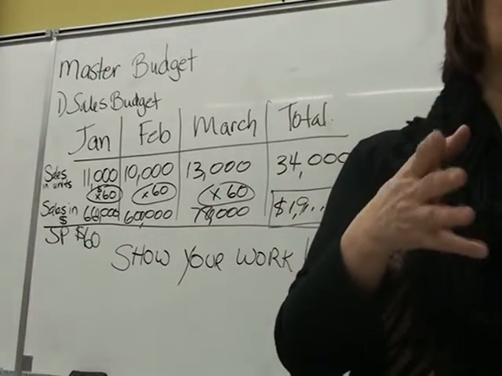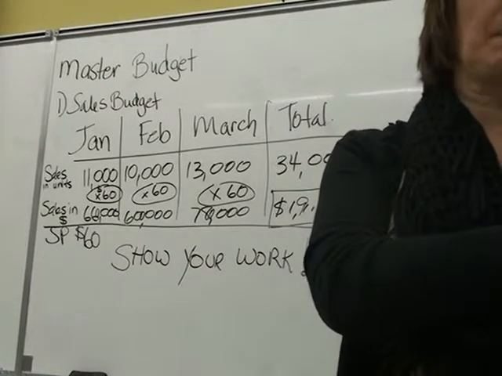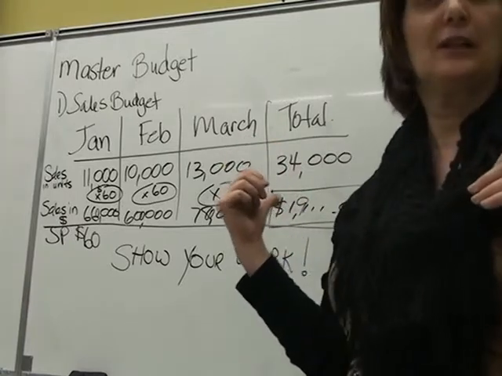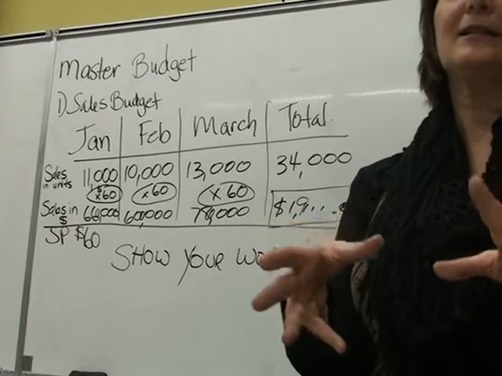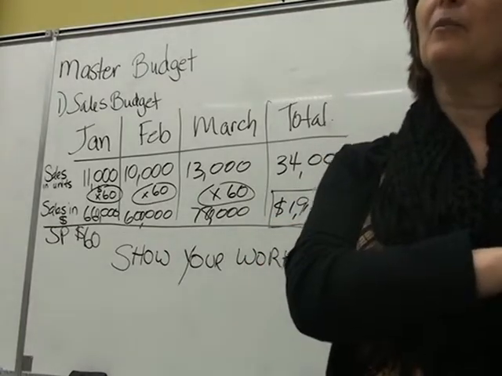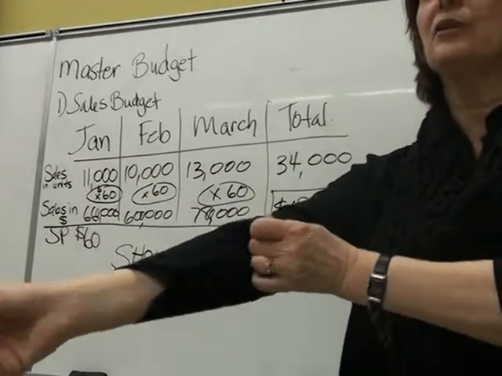So that 90,000 is the 30% from the preceding quarter. And you always need to take that into account when you're doing these cash collection schedules, because whatever month you're starting in, unless they said that was the first month of business, there's going to be money coming in from the previous month's or year's sales, depending on what the question tells you.